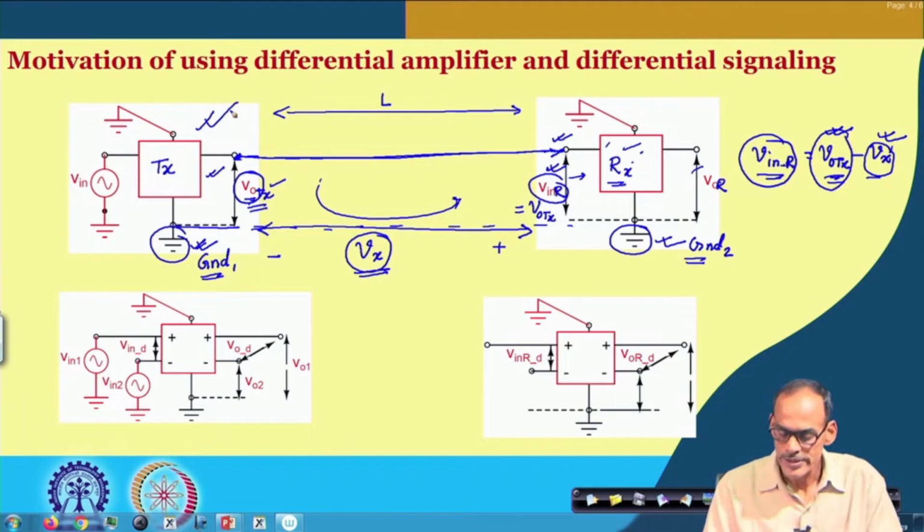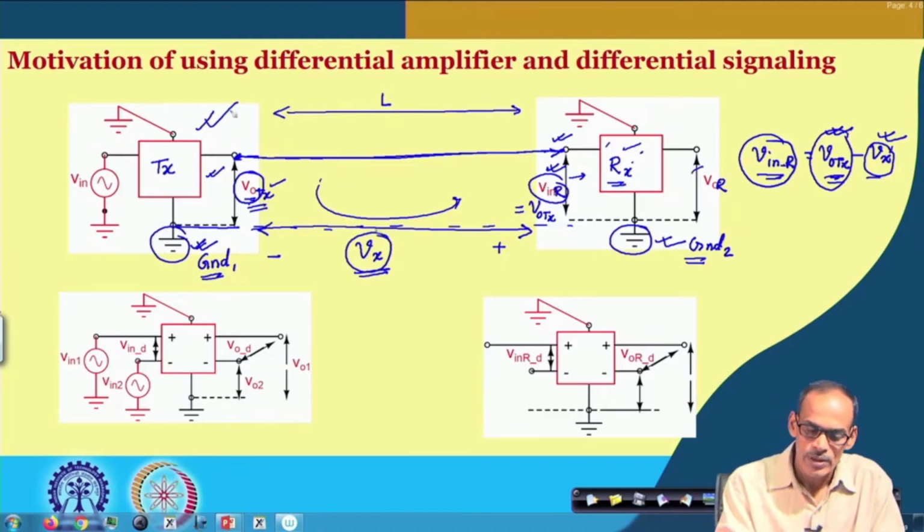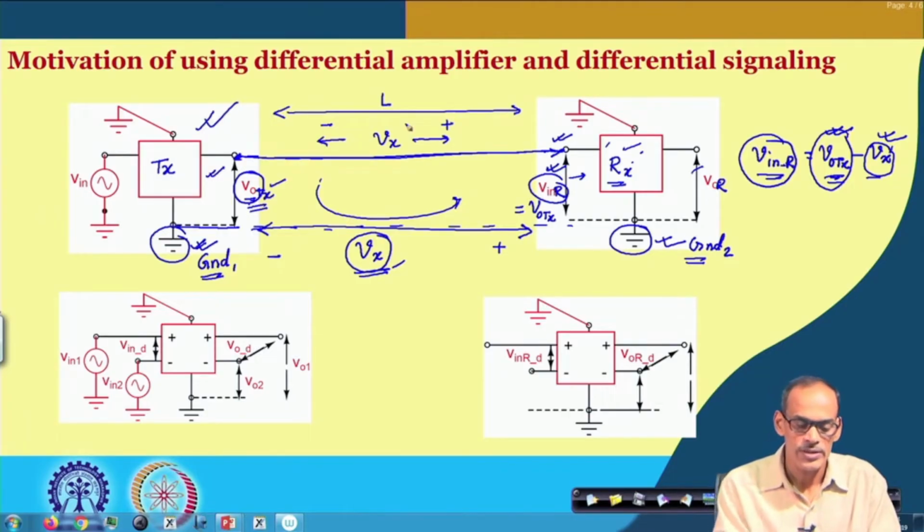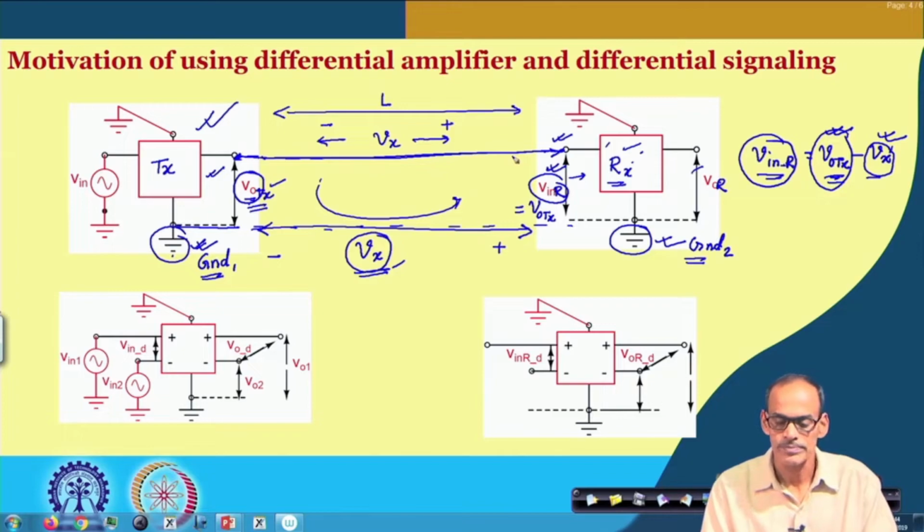Of course, if we have the same amount of voltage difference in this line also, then the two voltage differences may get cancelled. But in general we cannot say that the ground difference and the signal difference will be the same.